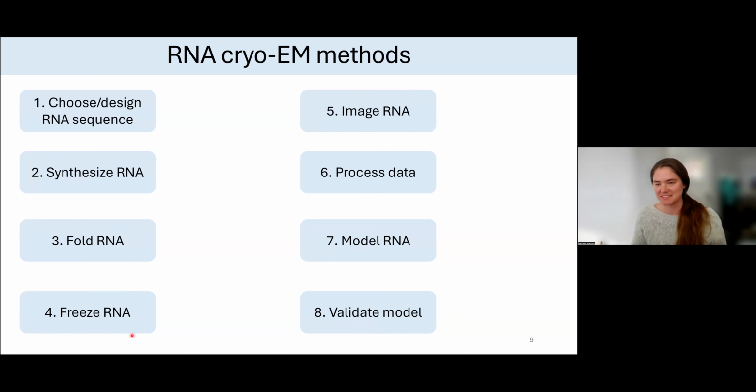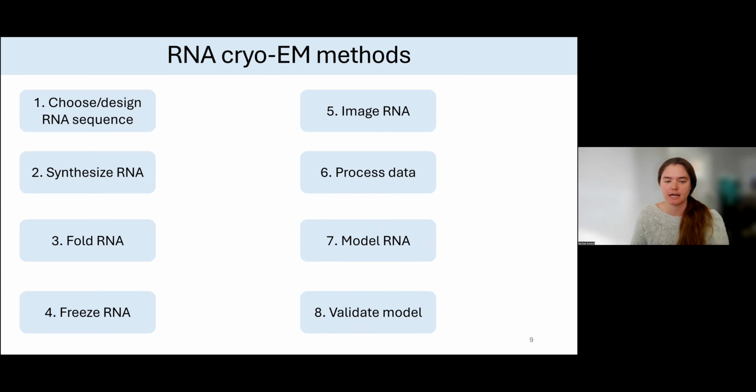Then the pipeline is very similar to protein studies. We freeze our RNA, we image it using a Krios normally, but a Glacios works as well for RNA. We process the data in very similar ways to how you would for proteins. We then model into the cryo-EM map, and then we validate our model.